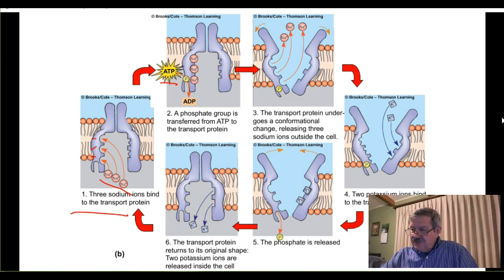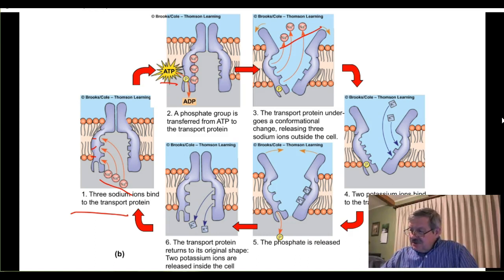So we're going to phosphorylate the protein. Well, that causes a change in shape, which dumps these 3 sodiums to the outside of the cell.